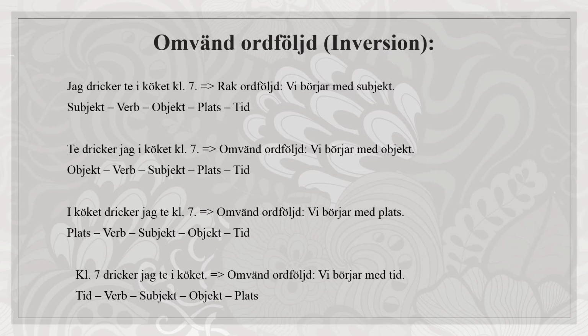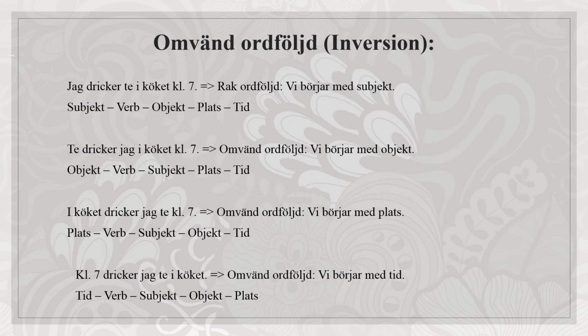Omvänd ordföljden, that is reverse word order. Vi börjar med objekt. We have started it with the object. Object is tea. Dricker is verb. Jag is subject. I köket plats, and klockan 7 is tid, time.